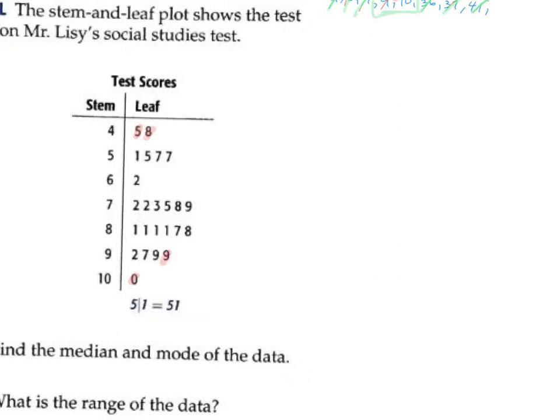2, noticing that the next greatest would be 99. Then 3, 4, 5, 6, 7, 8, 9, 10, 11, and it's going to be the middle of 78 and 79, which would be 78.5.